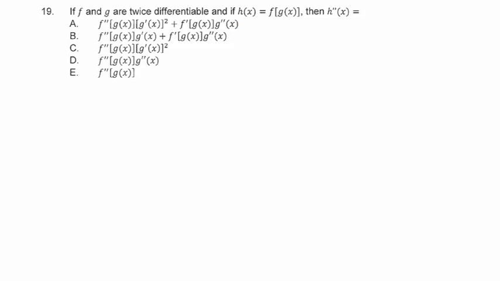Similar to the problem we did a couple times ago, h prime of x is going to be equal to f prime of g of x times g prime of x.